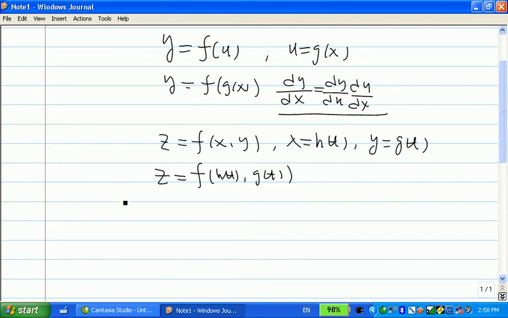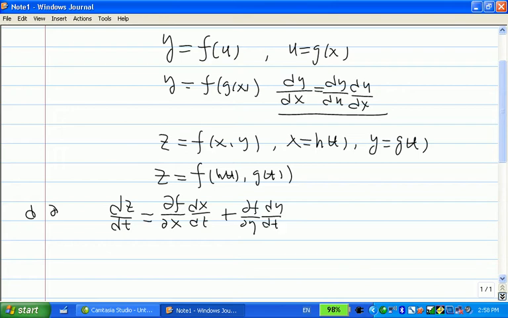Now we can find dz/dt. We use d here instead of a partial because z really depends on only one variable eventually. So the chain rule for this is partial f with respect to x, then dx/dt. Since y also depends on t, you have to find the partial f with respect to y, then dy/dt.